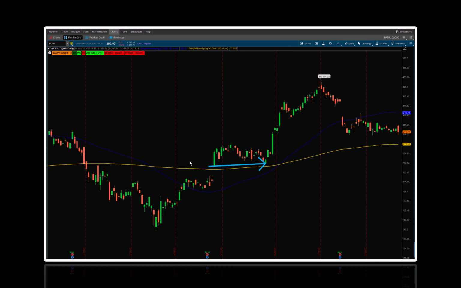Also, it appears to me that off this low, this could have been our stop, below this candle low, or the 200, or really the combination of both, because it gives us a zone right here that we could look at for support, not only off this low but off the 200 also.